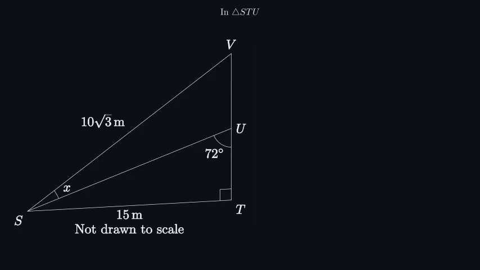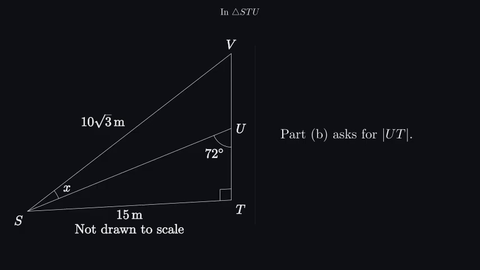Now part B asks for length of UT. Be careful here. It asks for length of UT, not length of UV. In triangle STU, we know angle UST equals 18 degrees, length of ST equals 15 m, and we want length of UT. With respect to the 18 degrees, angle at S, UT is opposite and ST is adjacent.